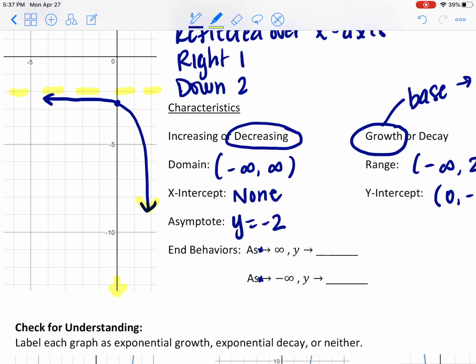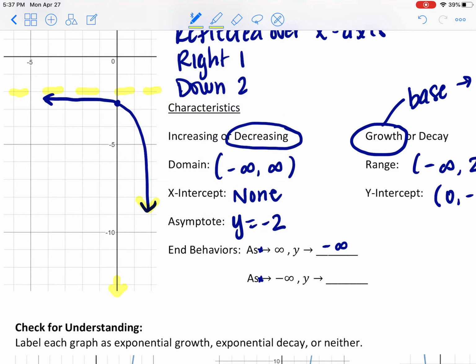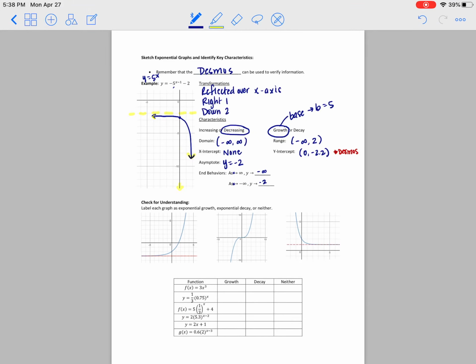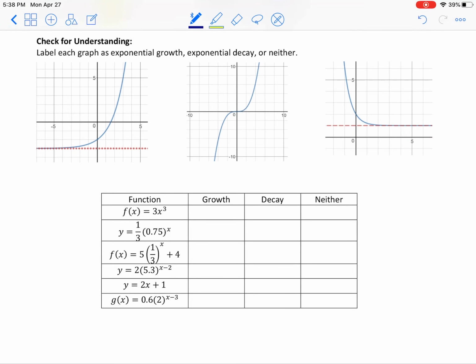So as x goes to infinity and as x goes to -infinity, if we follow the right end of the graph, the y values are going down forever. So these go toward -infinity. And then if we follow the left end of the graph, these y values are getting stuck, right? They're going to get closer and closer to that asymptote at -2.